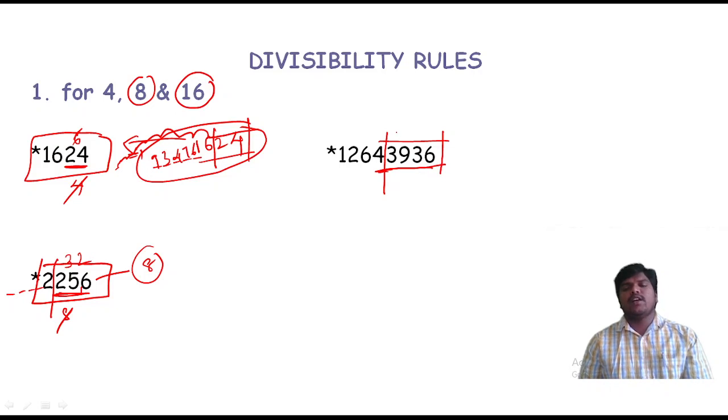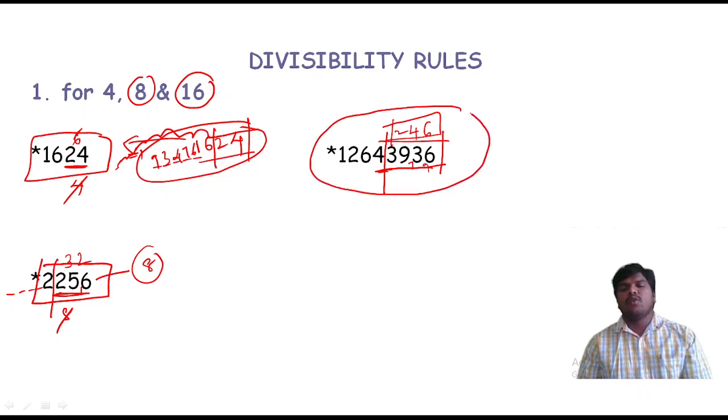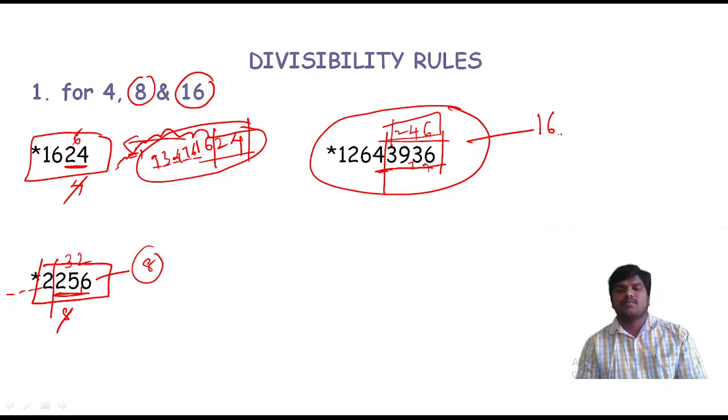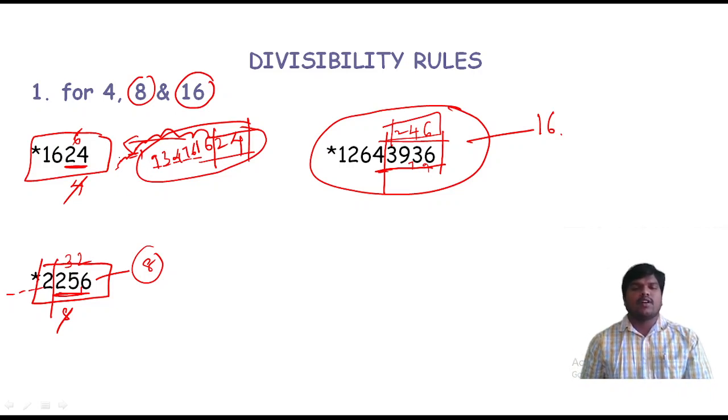So 16 2s are 32, remaining 7 here, and 16 4s are 64, and remaining 9 here, and 16 6s are 96. Okay, so with 246 it is exactly divisible by 16. Then the whole number is also divisible by 16, right? So this is the rule for 4, 8 and 16.